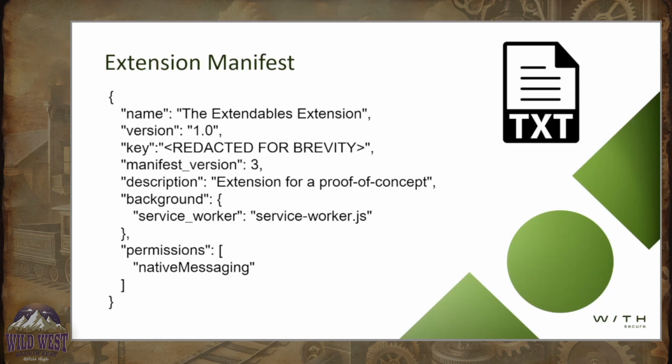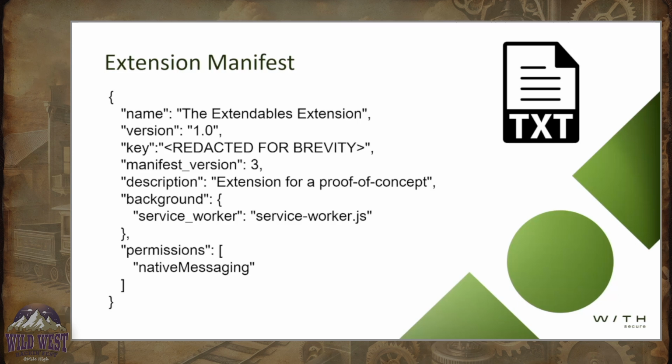Then we've got the background service worker, which says what JavaScript files are going to have the main behavior of the extension. And finally, we've got the permissions, which every extension will have some list of, that it requires to do its job, some more than others. You'll notice that I've put native messaging there.